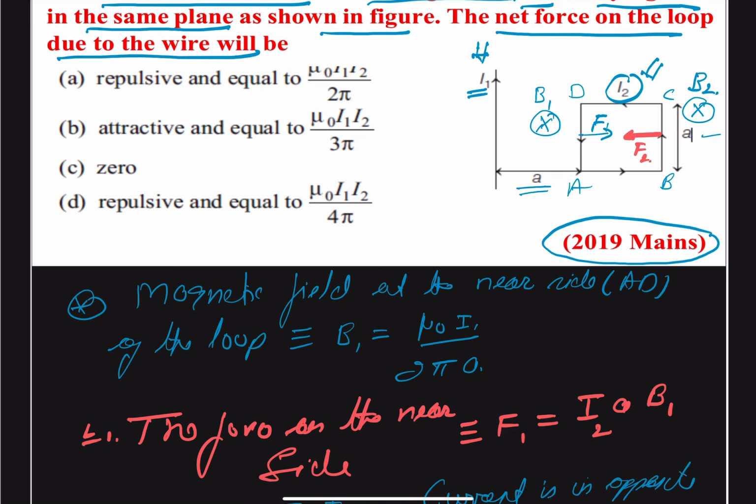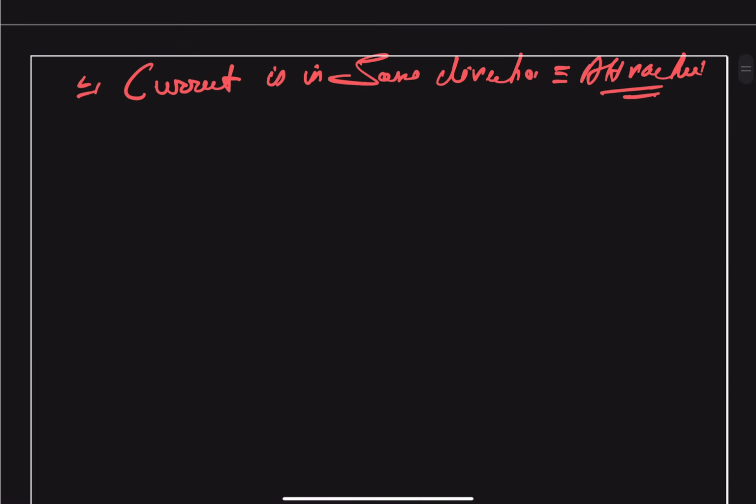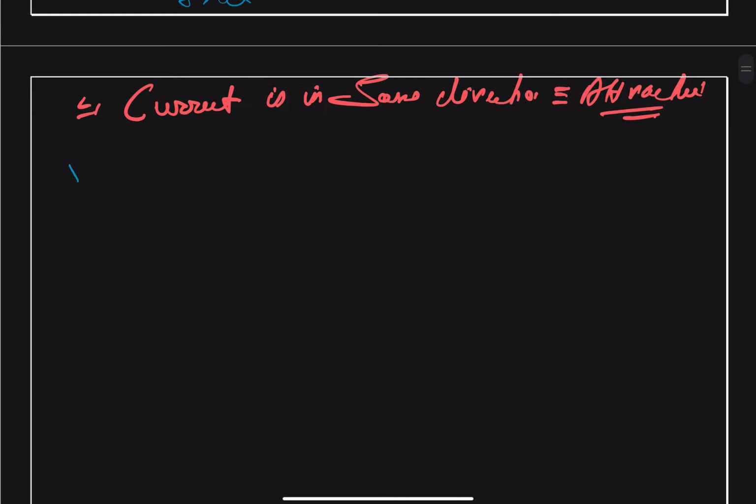Now we have two sides, that is our CD as well as AB. And the forces acting on these two sides will be equal and opposite, so they are going to cancel each other. Because current is flowing in opposite direction, the forces acting on both the horizontal sides will be in opposite direction and they will cancel each other.